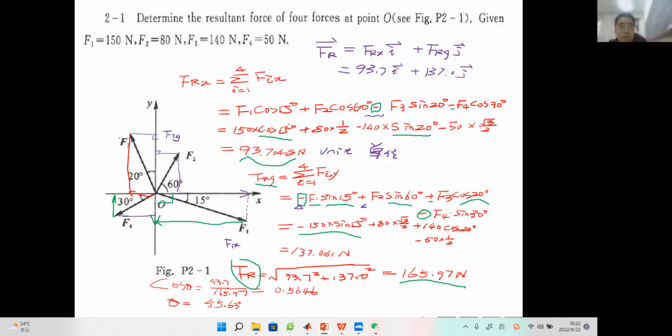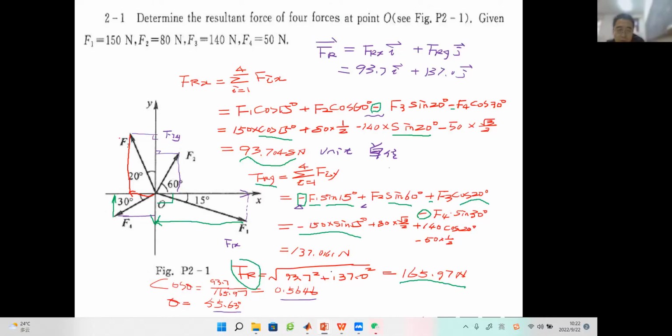And if we try to find the orientation of this FR, we can use cosine theta equals FRX over FR. Then we have this, and we can find this, right?